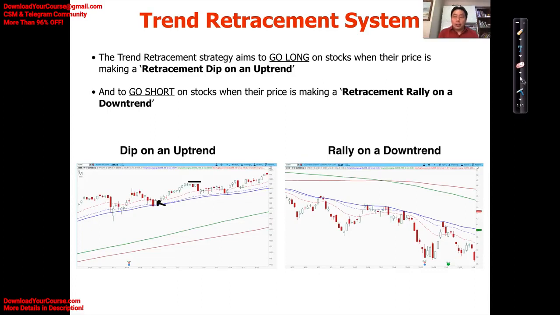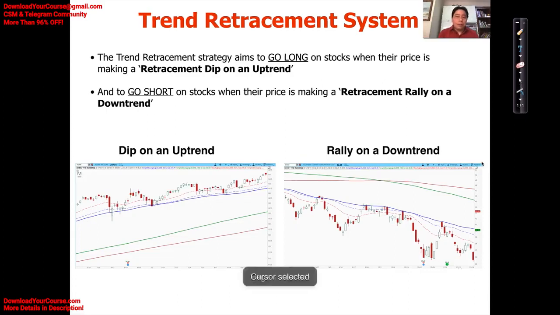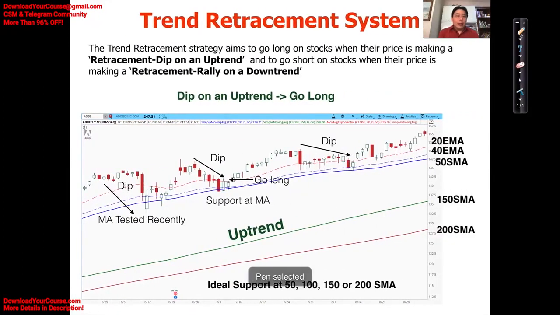So let's take a closer look at the two scenarios. The first scenario would be buying the dip of an uptrend, when we go long. Over the charts, you can see how we define an uptrend in the first place. We define it by higher highs and higher lows, and also by looking at the moving averages.